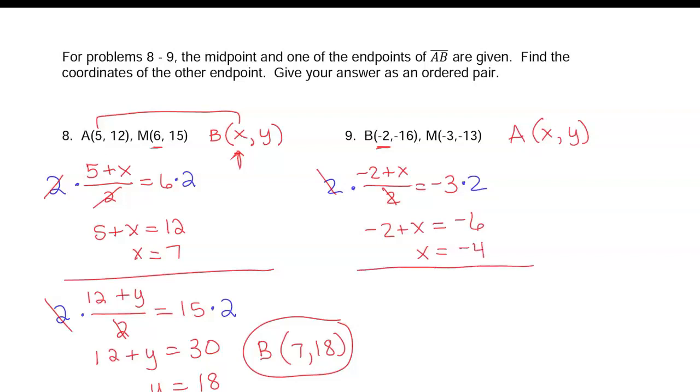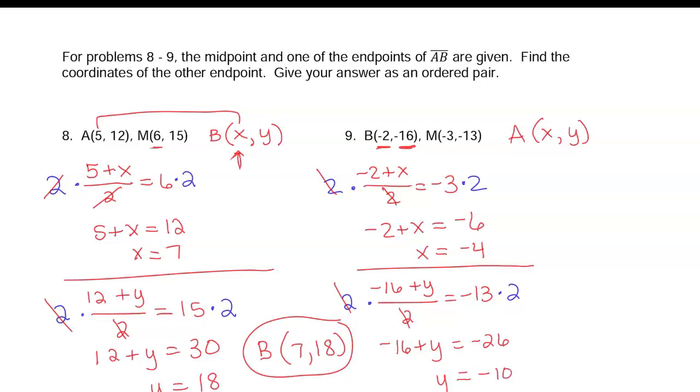Now I'm going to look at the y coordinate. -16 plus y divided by 2 equals -13. Multiply both sides by 2, so I get -16 plus y equals -26. Add 16 to both sides, and you get -10. So the ordered pair for A is -4, -10.